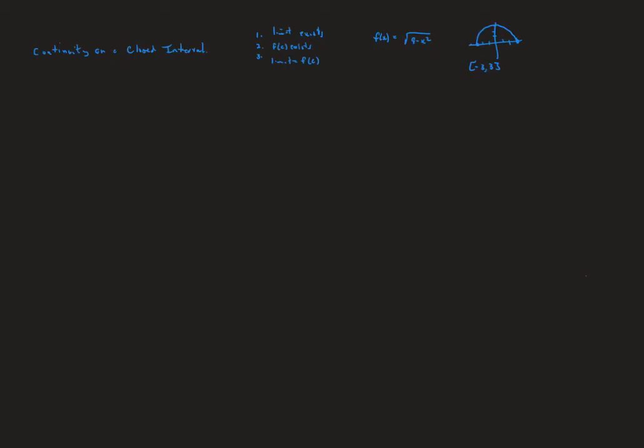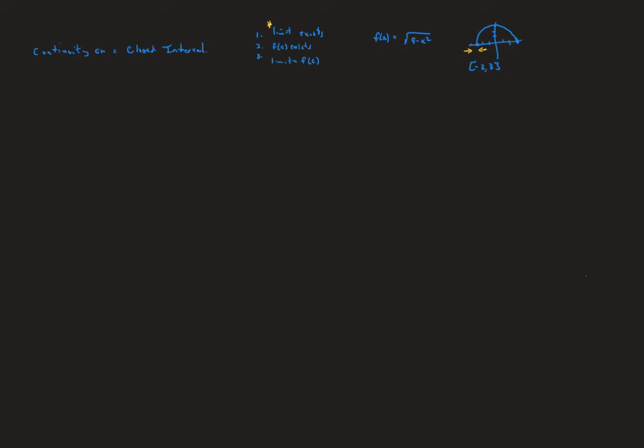The problem with our definition as it stands is for the limit to exist, it has to be a two-sided limit, and we have that problem at the endpoints because you can't say the limit exists at negative 3 because the function doesn't even exist there. So the way we fix that is just by changing how we define the limit on a closed interval.